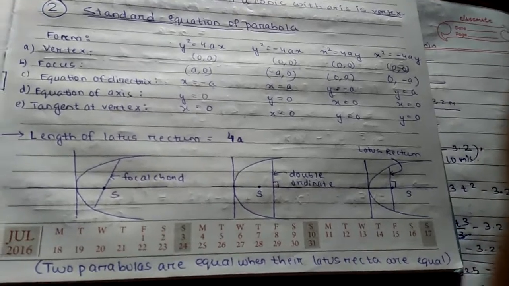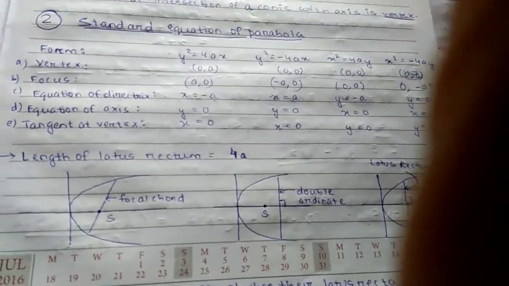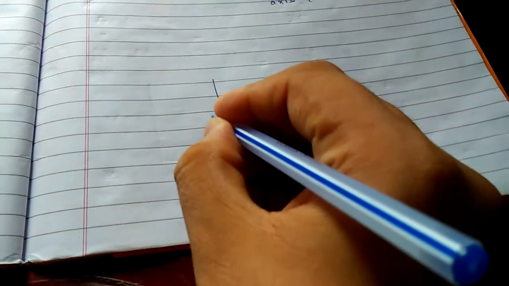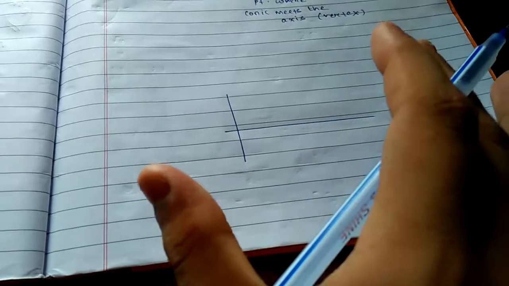For example, take y square equal to 4ax. This is just like a rightward opening parabola. So basically it is like this. This is the axis, meaning the axis, not the directrix.